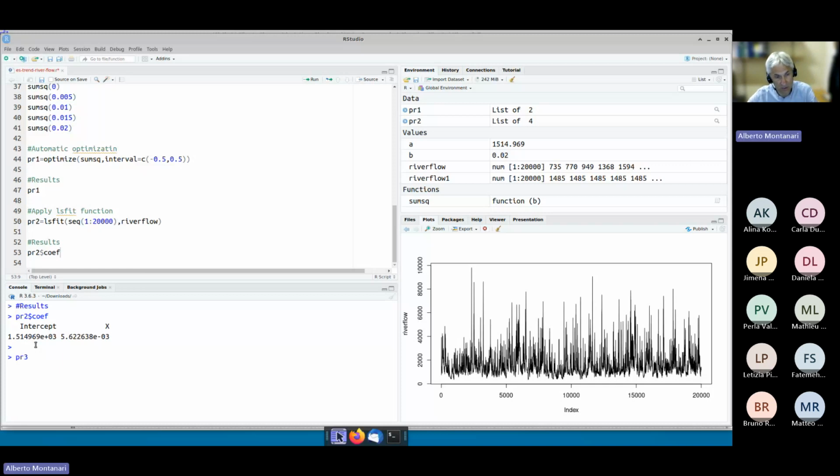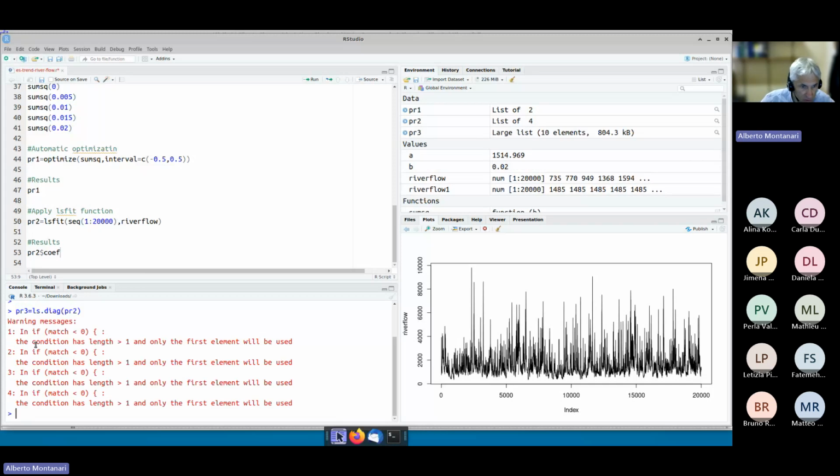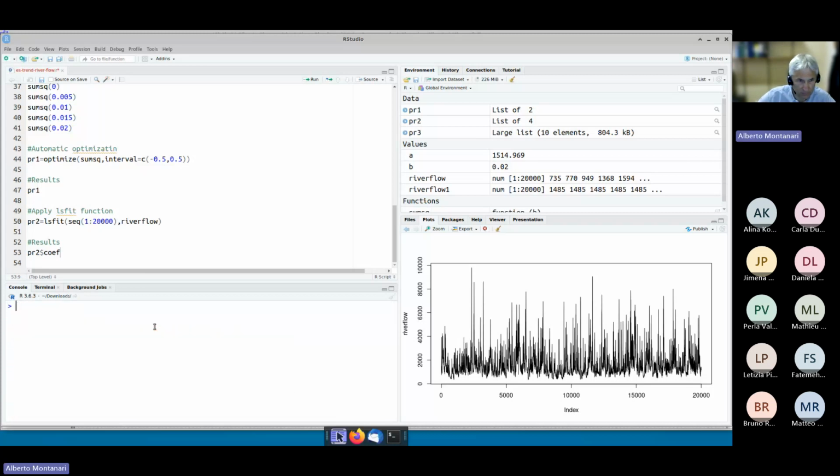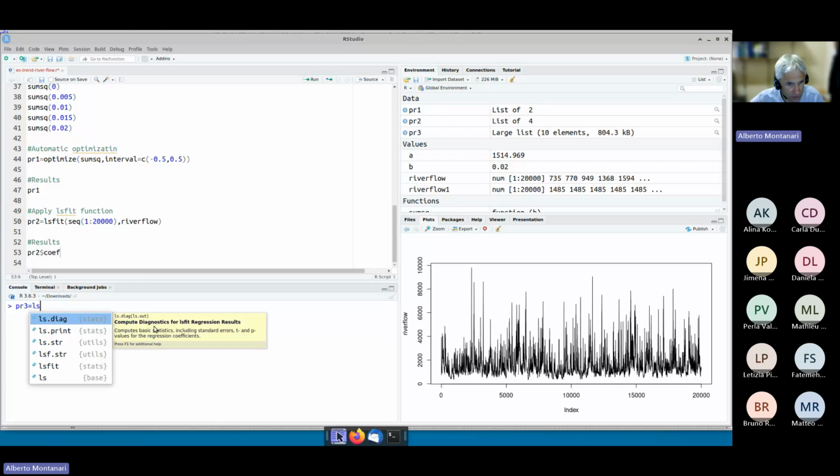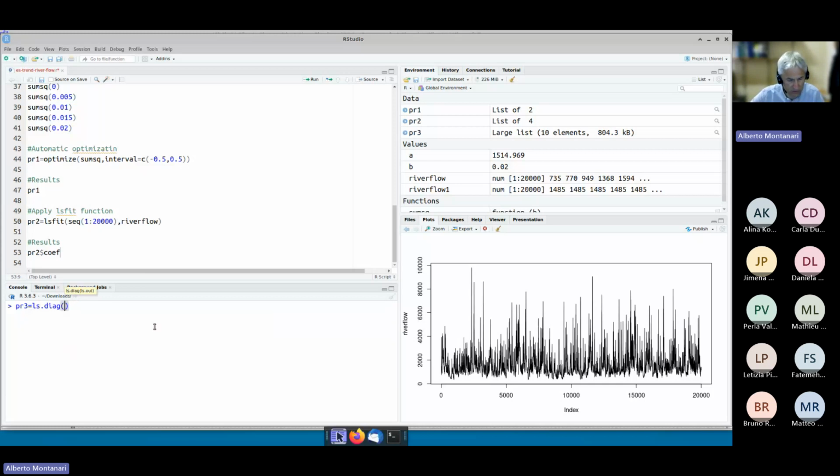PR3 is equal to ls diag PR2. Let me repeat once again because I don't remember the name of the function. It's ls diag, okay, PR2.